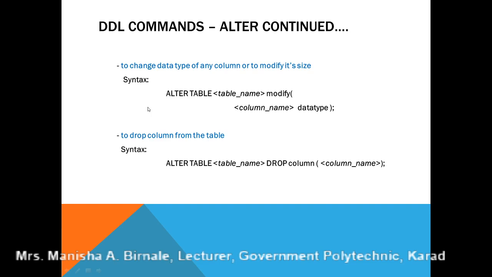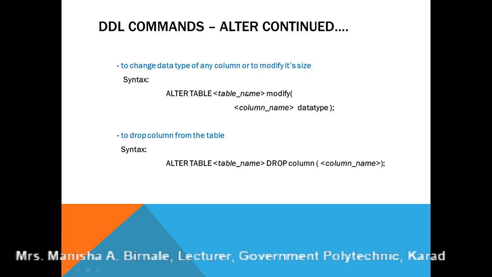Now you want to modify the size of that varchar. You want to modify it as varchar 20. Then it is possible with the help of the alter table command. If you want to change the data type of any column, or modify the size of the column, it is possible using alter table.